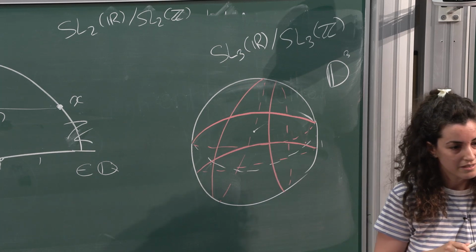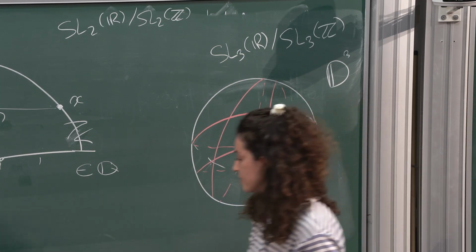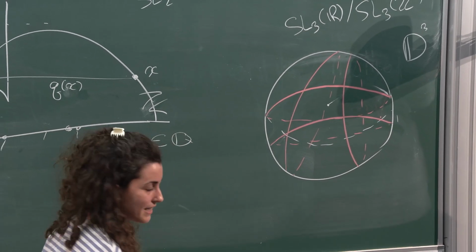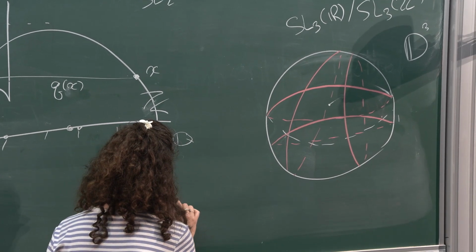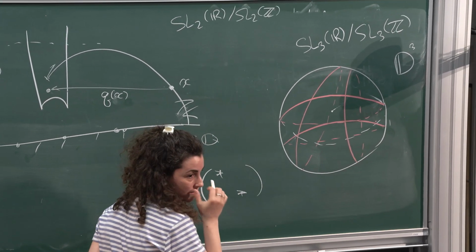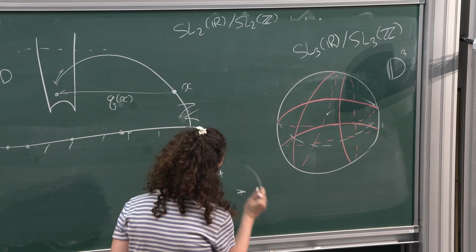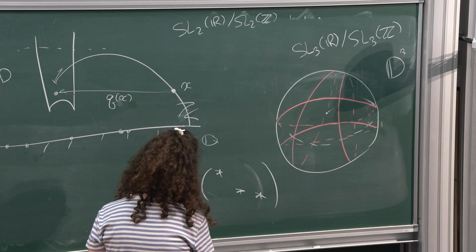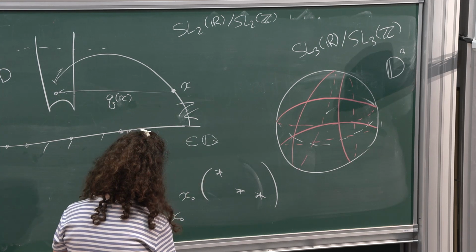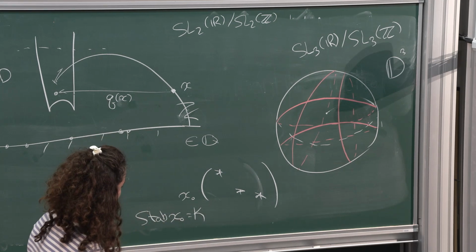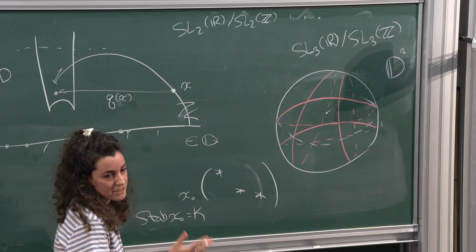Can you say again what the circles are? So you can look at the flats that are defined by, right, just take the diagonal. The periodic flats. Yes. Just take the diagonal acting on just x naught, where x naught is the point whose stabilizer is K. So you can take this and rotate it by any rational angle.